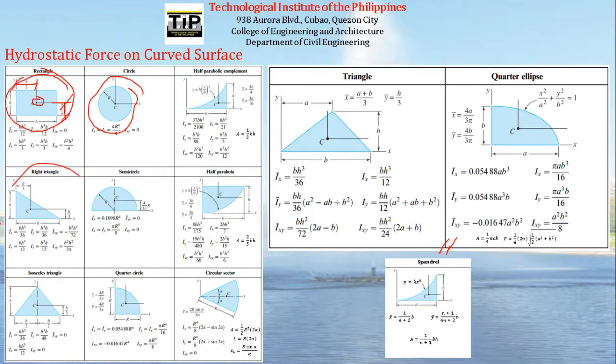For the right triangle, the centroid is located H over 3 from the base and B over 3 from this side.